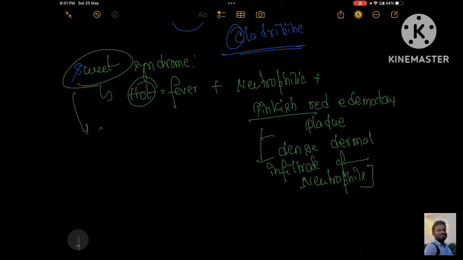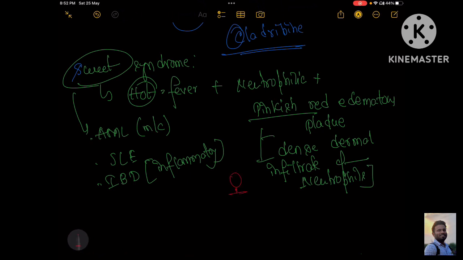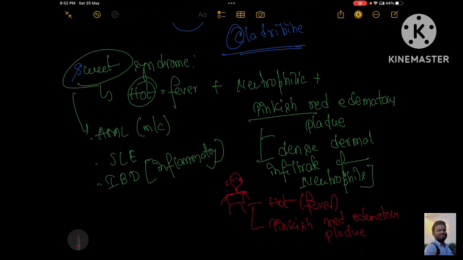It is associated most commonly with AML, SLE, and IBD, inflammatory bowel disease. So, a girl is sweet: hot, fever, pinkish red edematous plaque, and neutrophilia.